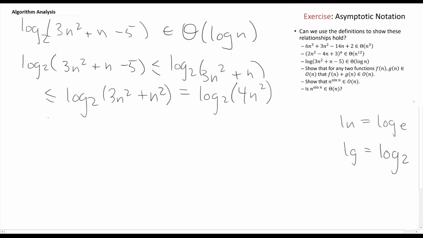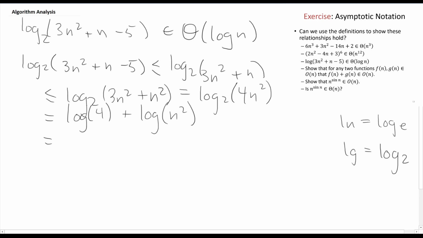We can finish this off in a couple of ways. There are some algebraic rules that we can apply here to transform this. This is a product, the 4 and the n squared. The other thing we can see is it's actually 2n times 2n. We could factor it that way if we wanted, and get 2 times log of 2n. But why don't we just split it out, and maybe the more straightforward way gives us log of 4 plus log of n squared.